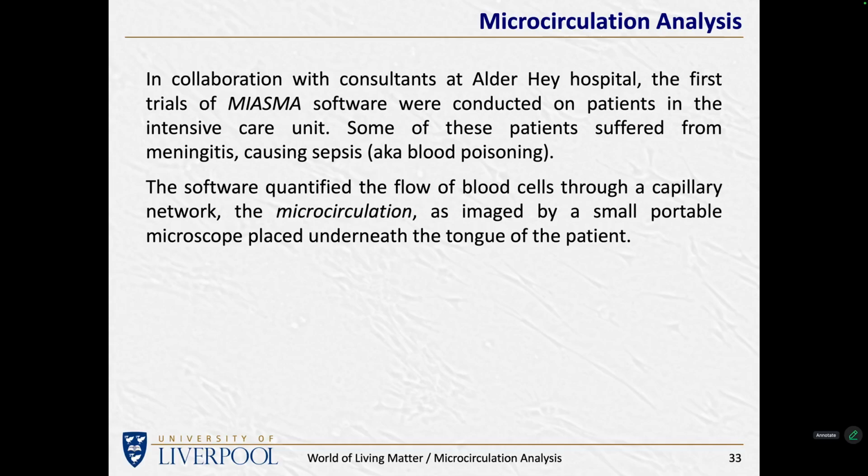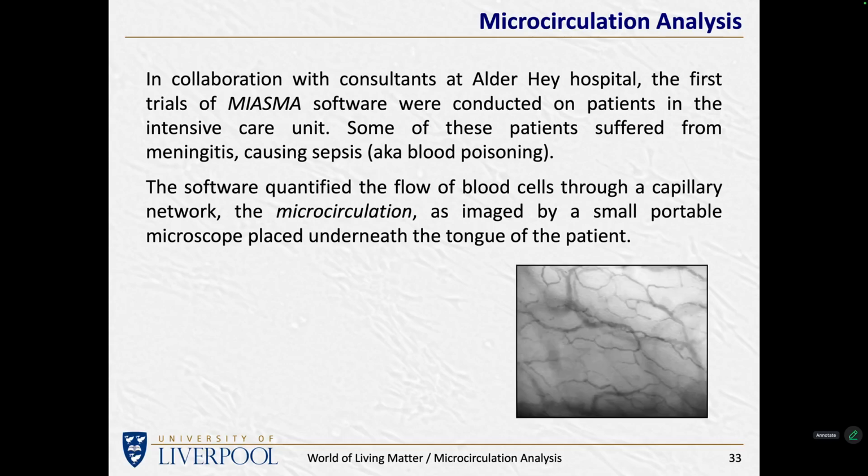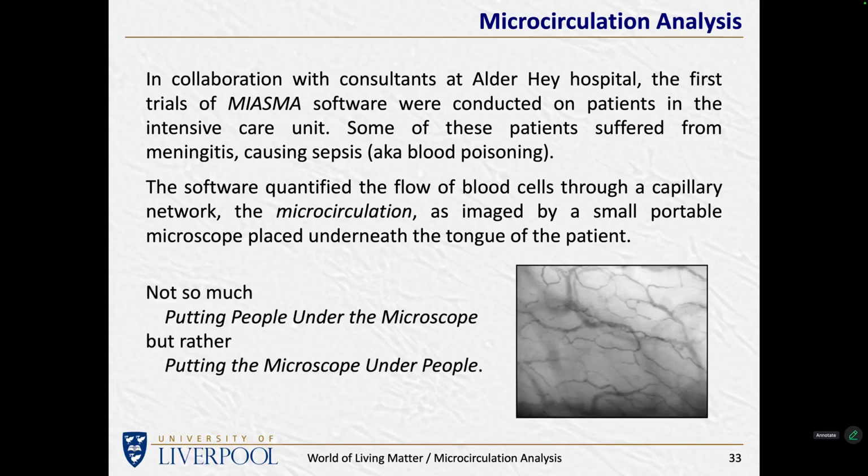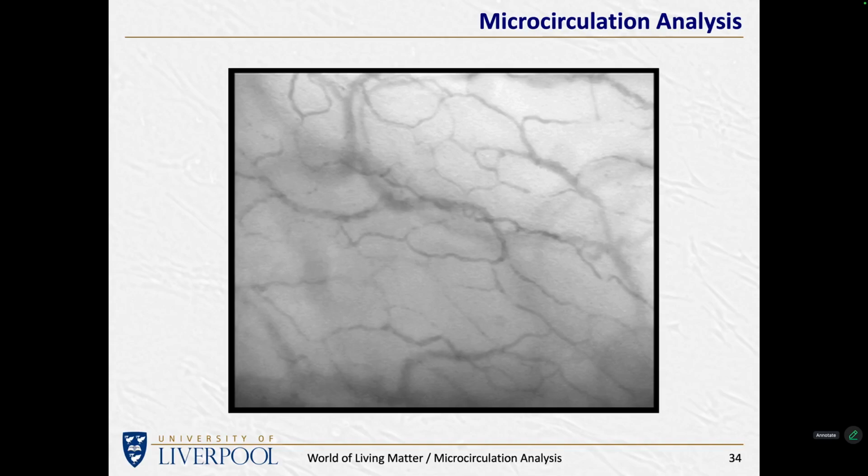And to do this, they had a small portable microscope which was placed underneath the tongue of a patient and produced a video that I'm about to show you. So in other words, it's not putting people under the microscope, it's putting a microscope under the tongue of people, especially children. And you end up with a video that looks like this. Bear in mind that the area we're looking at is rather small.